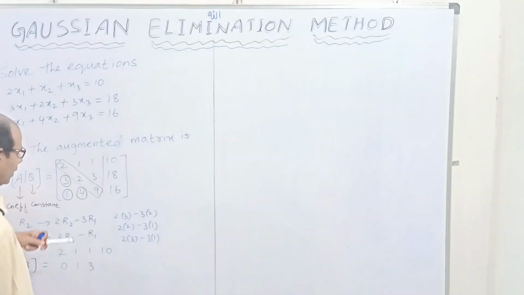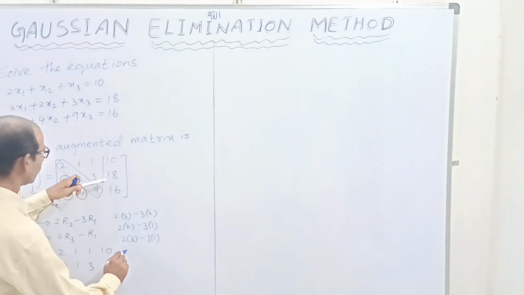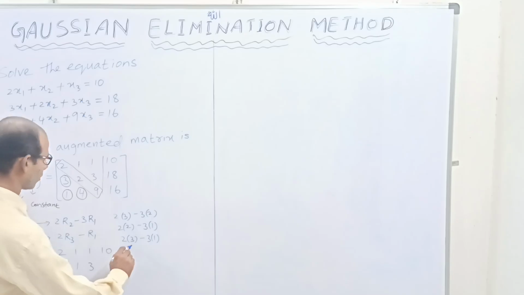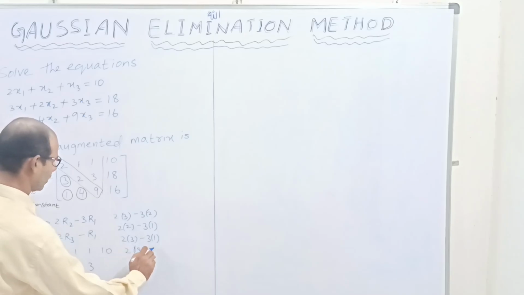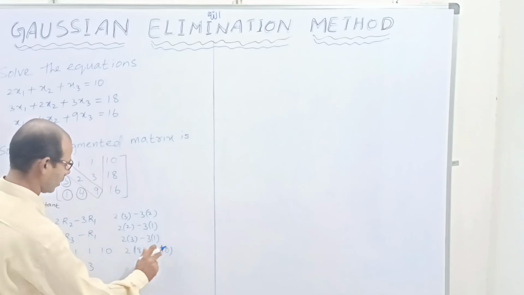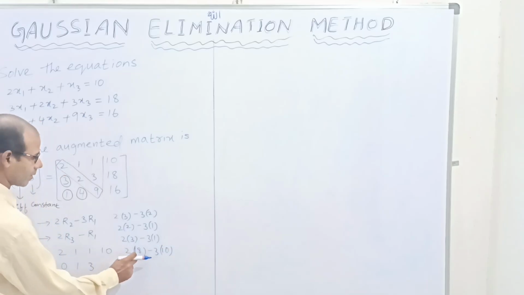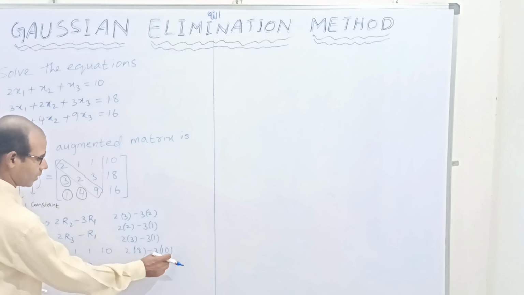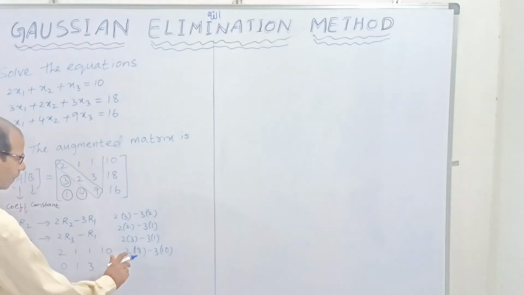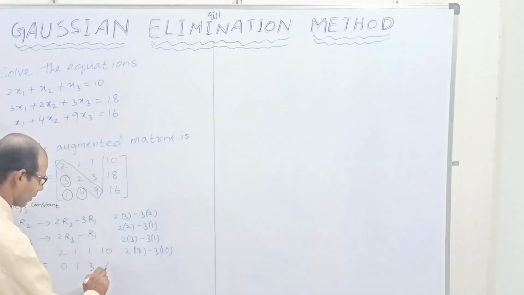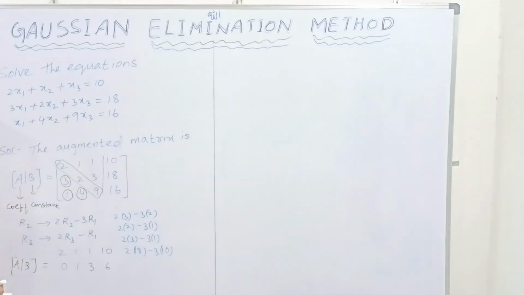And for the fourth element, 2R2 minus 3R1, so 2 into 18 minus 3 into 10, right? 2 into 18 is 36, 36 minus 30, how much? Is 6, right?